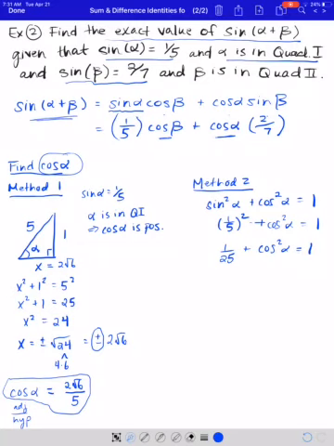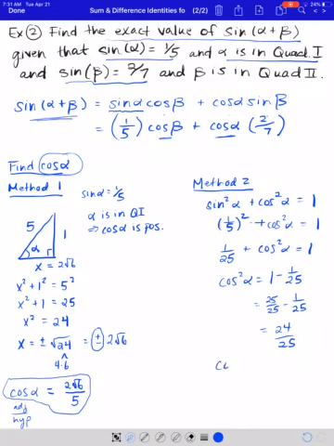If I subtract 1/25 from both sides, we get cosine squared alpha is equal to 1 minus 1/25. 1 is the same as 25/25, and when I subtract 1/25 from that, we end up with 24/25.